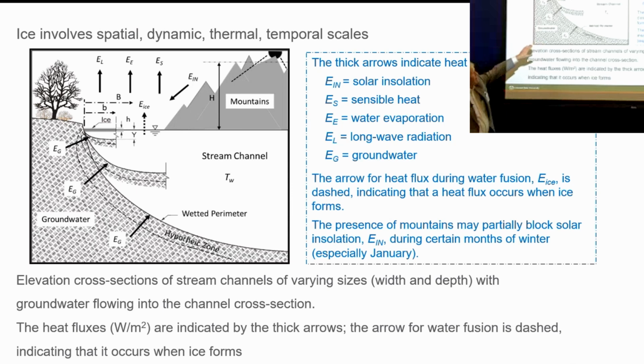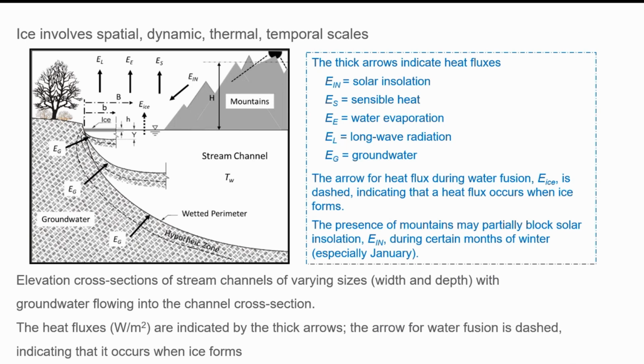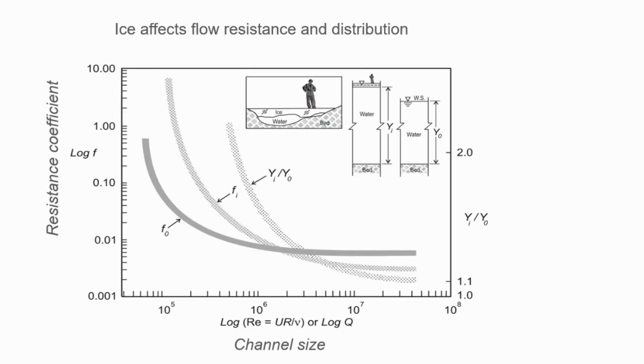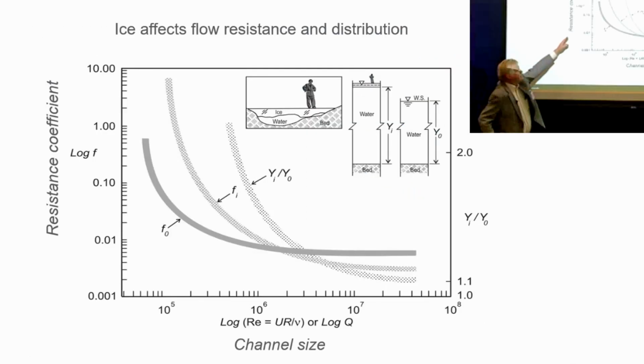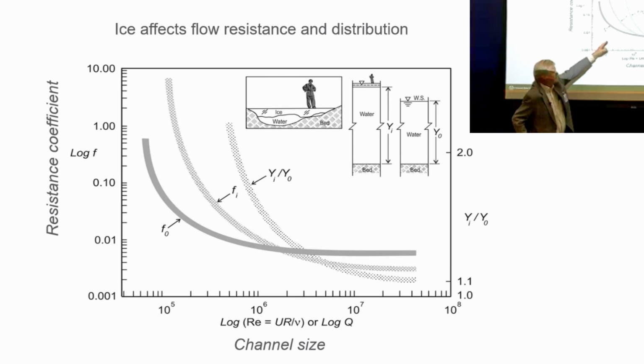So thermodynamics are very important in terms of ice formation, in terms of the molecular behavior of water. Water is a material, and therefore ice affects sediment transport. So in terms of morphology, the resistance coefficient varies a lot with, in terms of glassy ice, channel size.